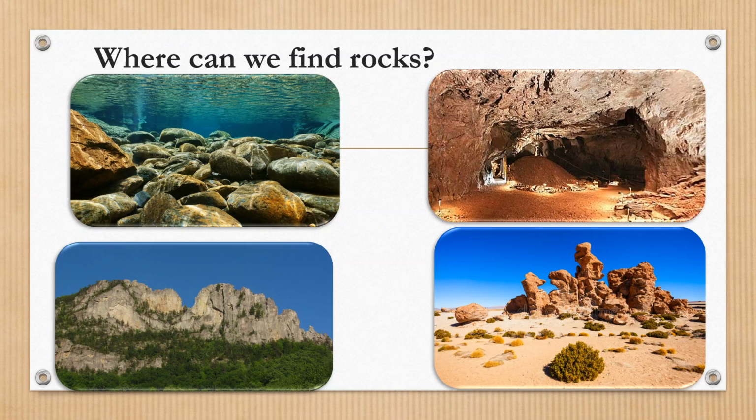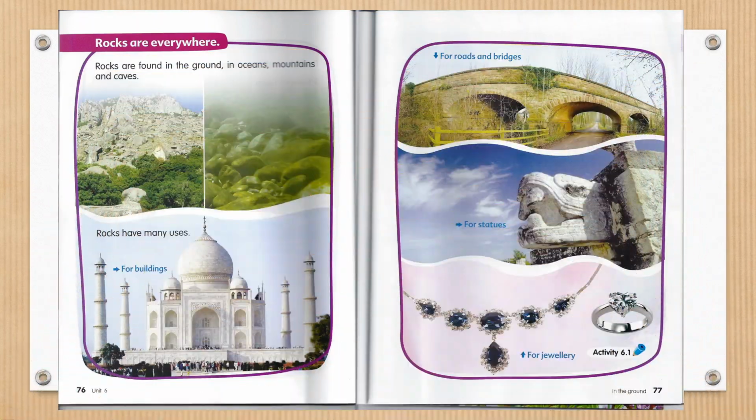Let's continue. Rocks are everywhere. Rocks are found in the ground, in oceans, in mountains, in caves. Rocks have many uses for buildings, for roads and bridges, for statues, and for jewelry. See, you have many, many different uses for rocks.